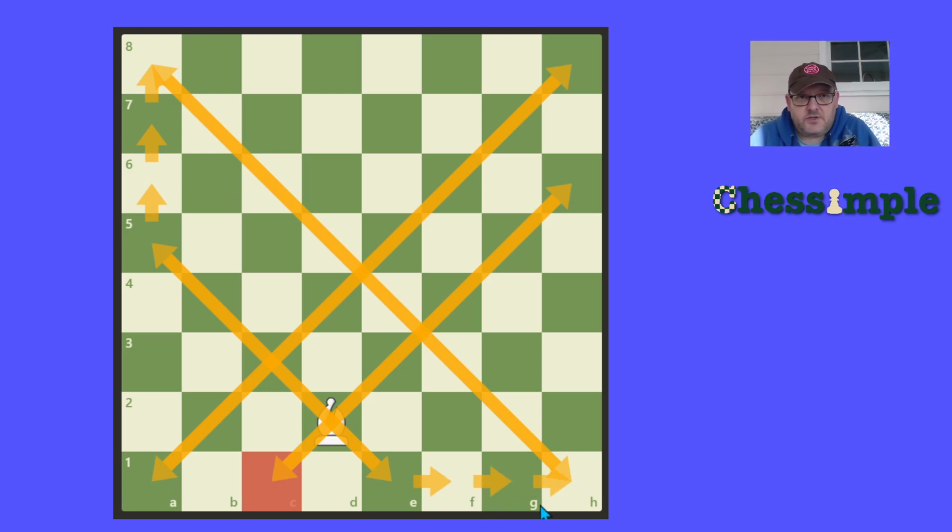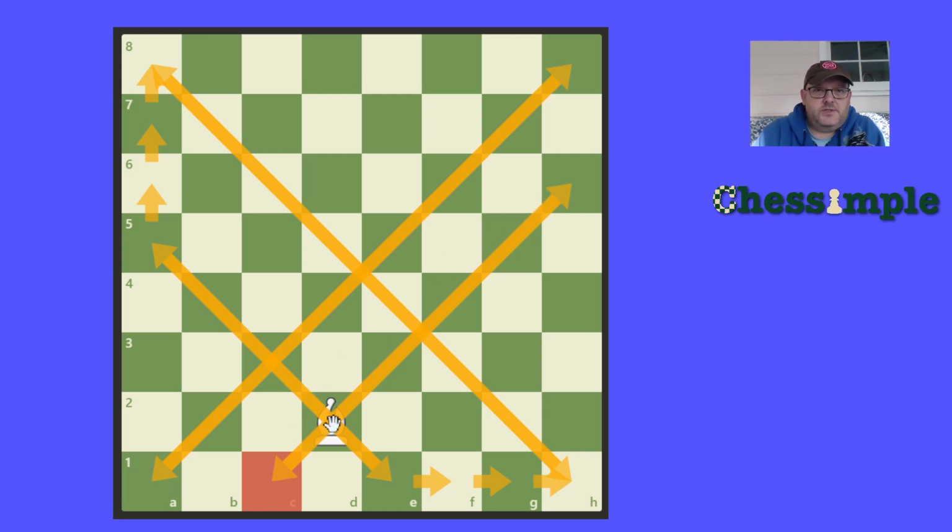And the other thing to notice is if we look at the C1 to H6 diagonal and compare it to the long dark squared diagonal, which it parallels, the A1 to H8 diagonal, it is 2 diagonals away. So 1, 2.